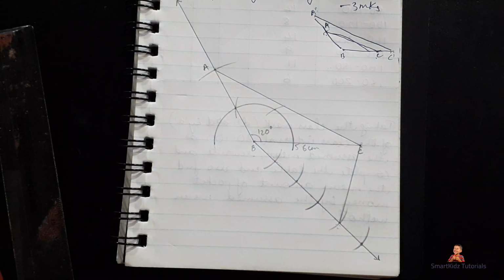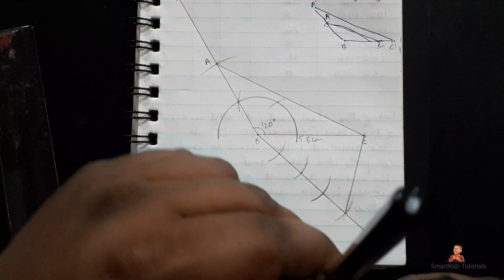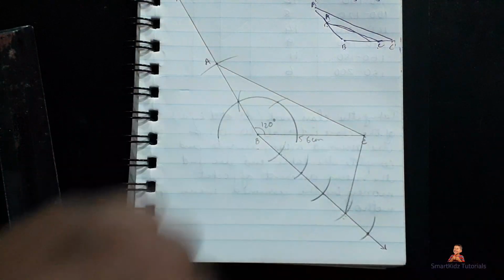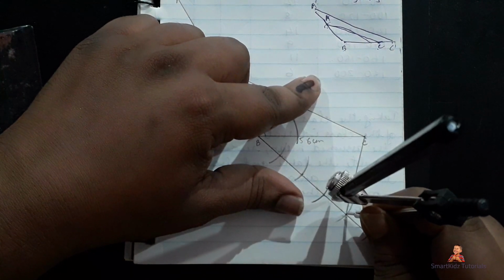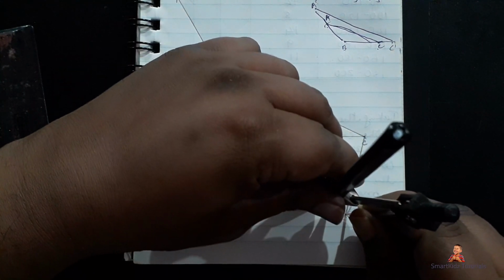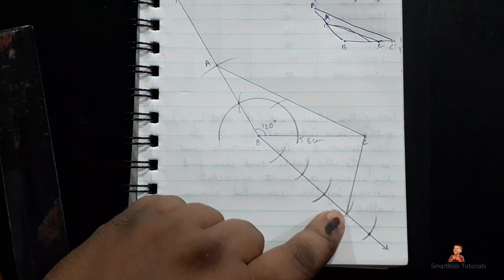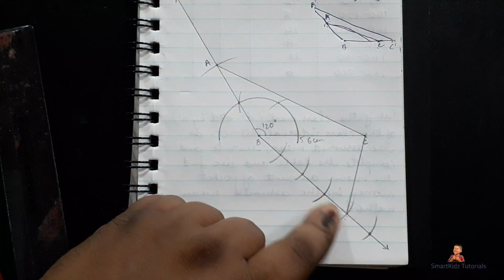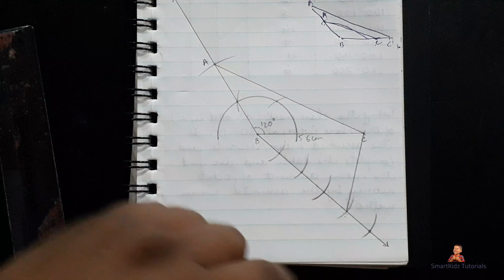To construct a line parallel to that, we are going to do a little more construction. For that, take the pointer over here, and between these two arcs I need to take a measurement less than the width of the gap between these two arcs.